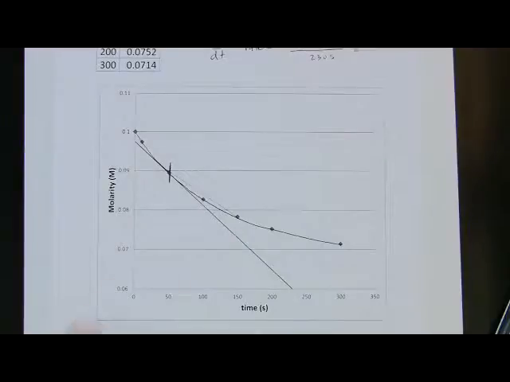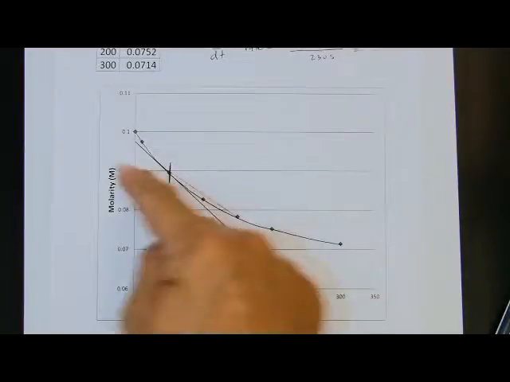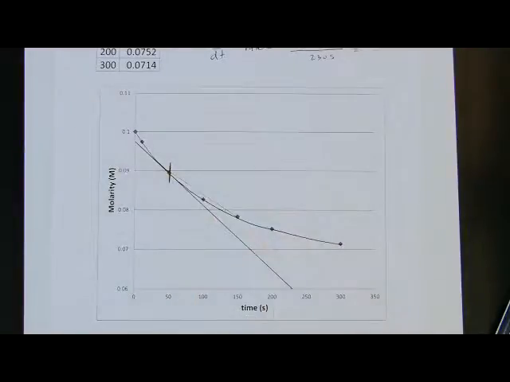And so that will give us the slope of that line, and that's how you get the instantaneous rate from a plot like that: by drawing a tangent line and then figuring out what the slope of that is. And that better be bigger than what we just calculated, I hope.